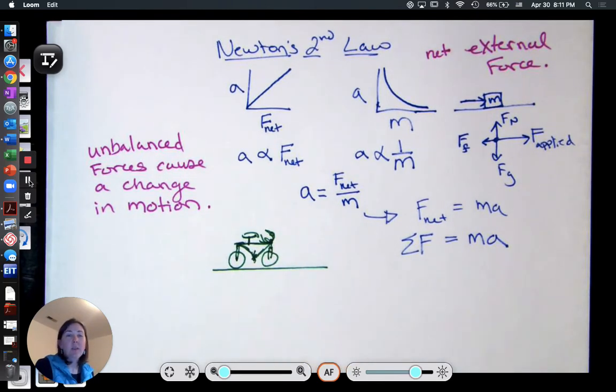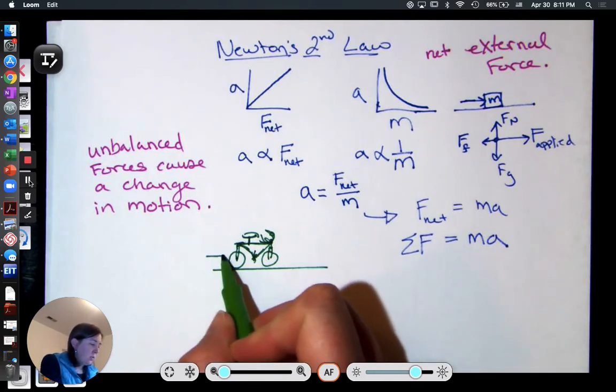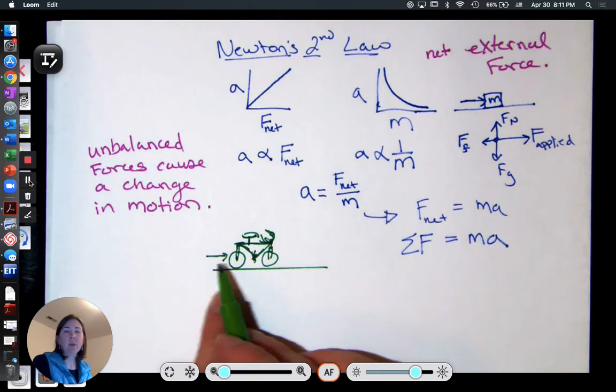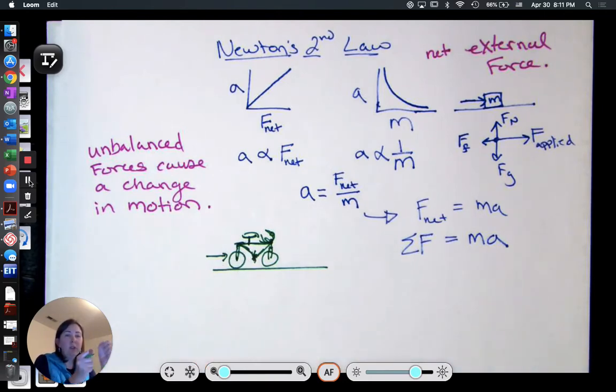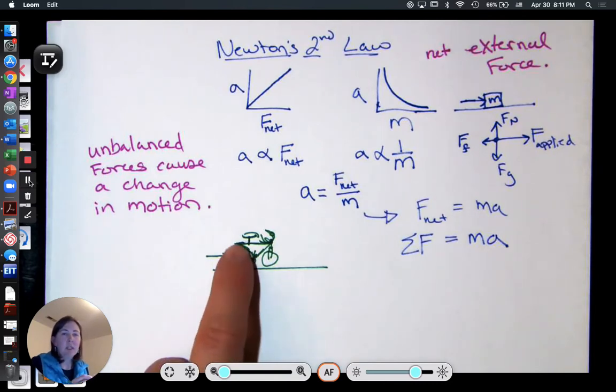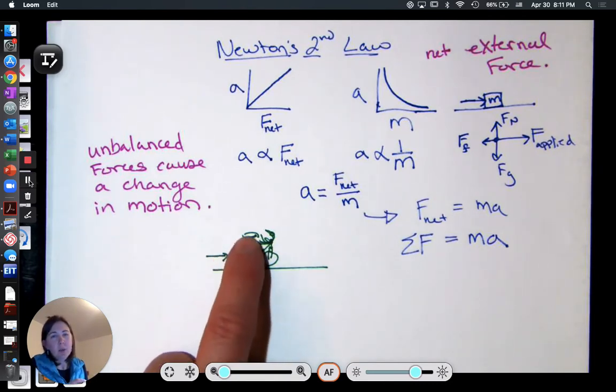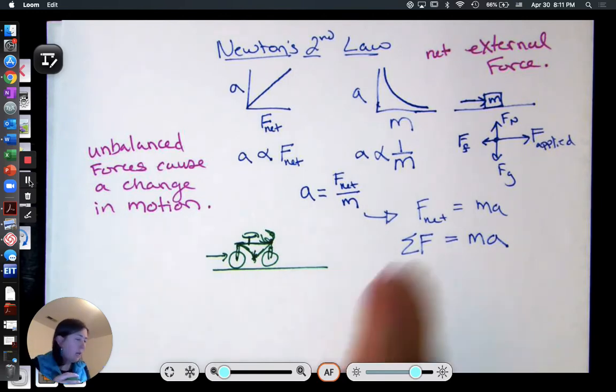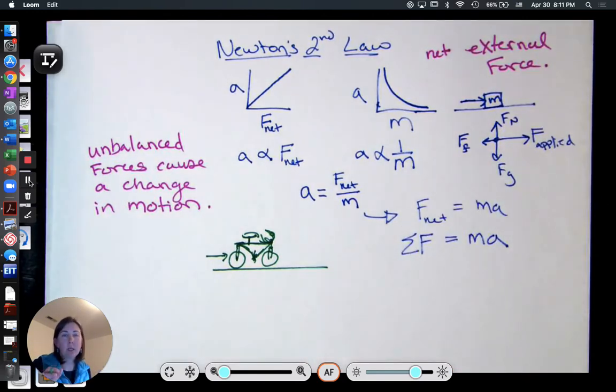So if I were to draw this bicycle, and I were to give this bicycle a push, like a dad would be pushing and holding on to the bike as a kid would pedal, that's an external force, right? But internally, the wheels are pushing on the hubs, and the person is sitting on the seat, and there's tension in between all of the joints of this bicycle. Those are all internal forces. And so external force just means that it comes from the outside.